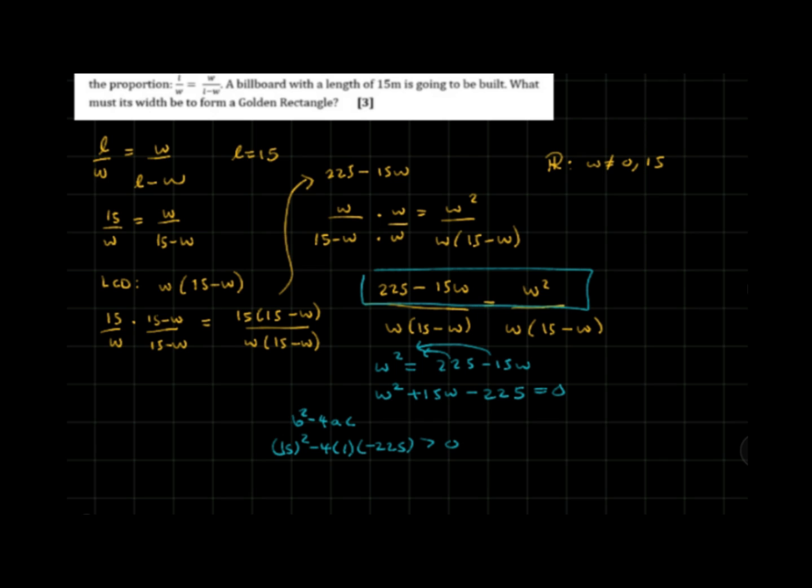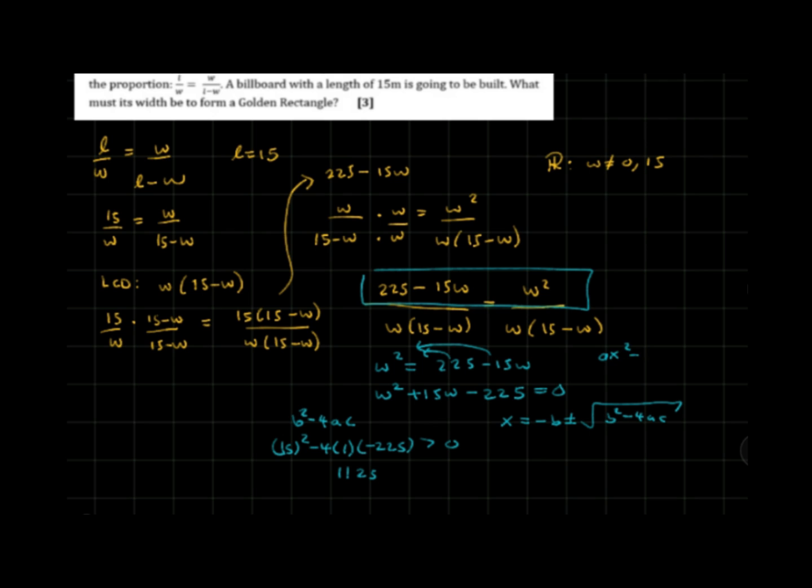Let's postulate some values, but just to save some time, I'm just going to use the quadratic formula. The discriminant came out to be 225 plus 4 times 225, which was 1,125. So x is equal to negative b plus or minus the square root of b squared minus 4ac, all over 2a.